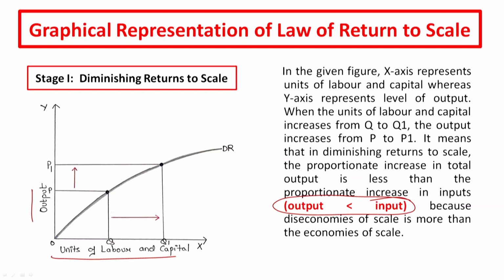Now you want to increase the output, you are increasing your input by this level, but your output is increasing only this level. So, if you join this, then it will give you a diminishing return to scale. That signifies that your output is less than your input, and it will start from the point of origin. That signifies when there is no input, there will be no output.